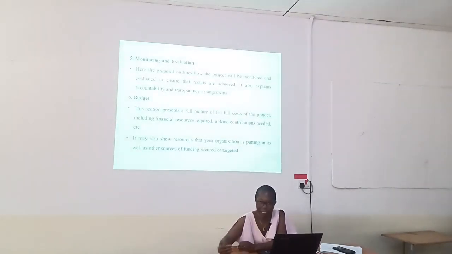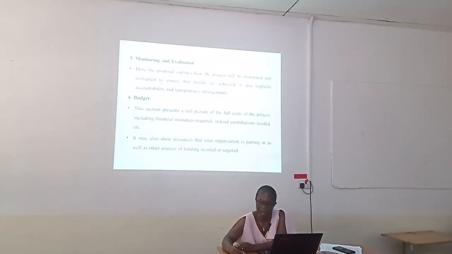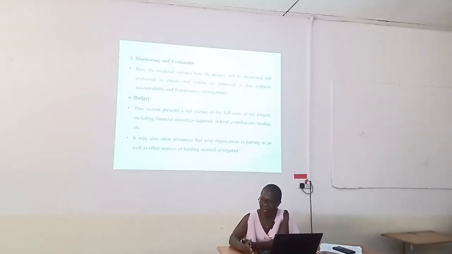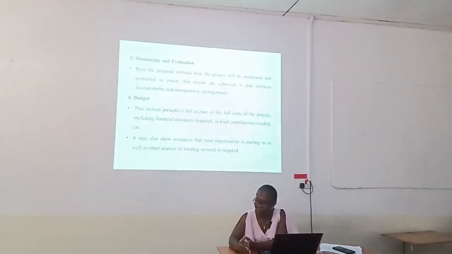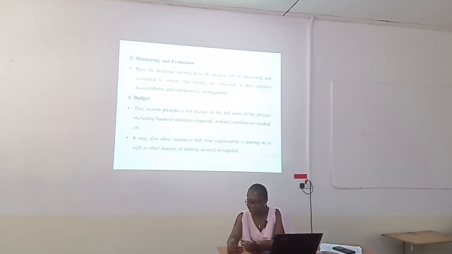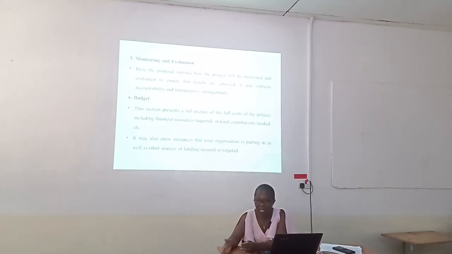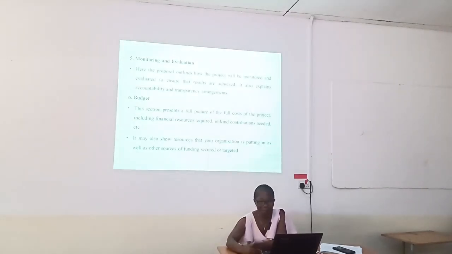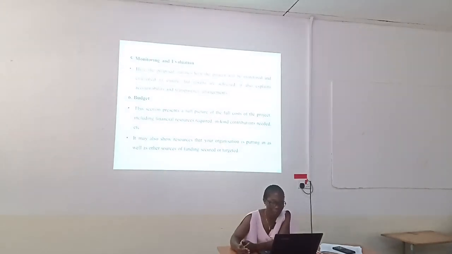While monitoring, you are doing it periodically to check if you are on track, depending on the activities. Maybe you plan to do 3 sensitization meetings or awareness campaigns from January to June. And during monitoring, you realize it's May, but maybe you have only done 1. So periodic monitoring also helps.